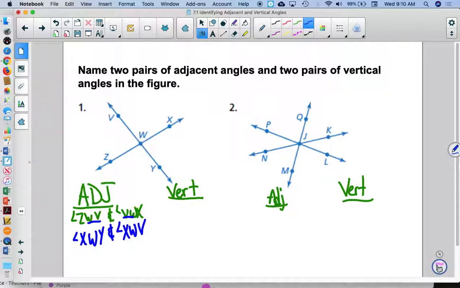Emily, help him out. Angle VWX and angle ZWY. VWX, ZWY, yes. Okay. One more set for number one. Another set of vertical angles. What's another set of vertical angles there in number one? Kennedy.